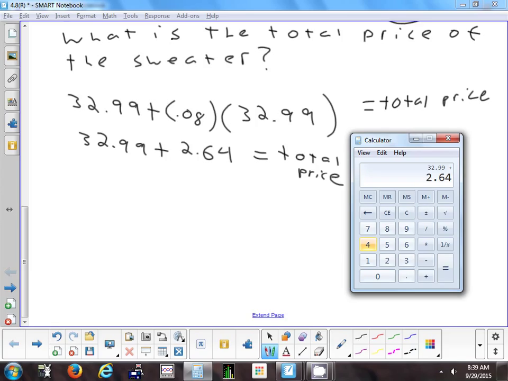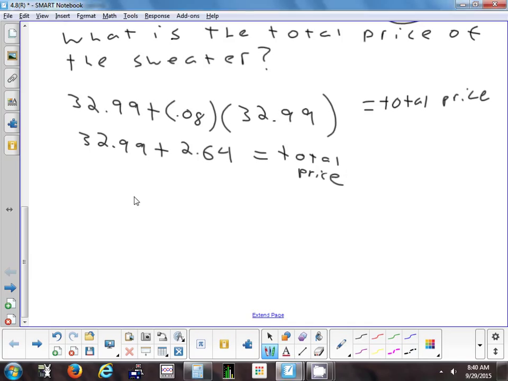All right, so we got $32.99 plus 2.64. So if you wanted to buy this sweater, you're going to have to pay $35.63. That's it. Any questions on that one?